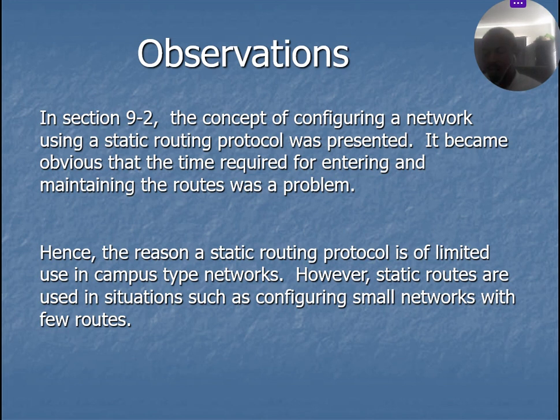So this is what we mean by dynamic routing protocol. The most common types of dynamic routing protocols include the Routing Information Protocol, RIP, although some texts call it Routing Ethernet Protocol, but specifically it is called Routing Information Protocol.